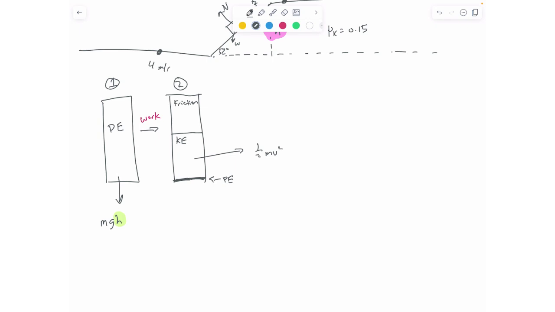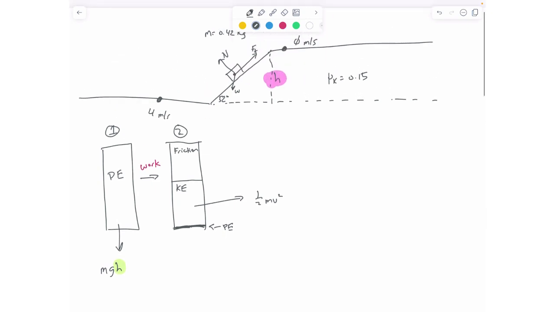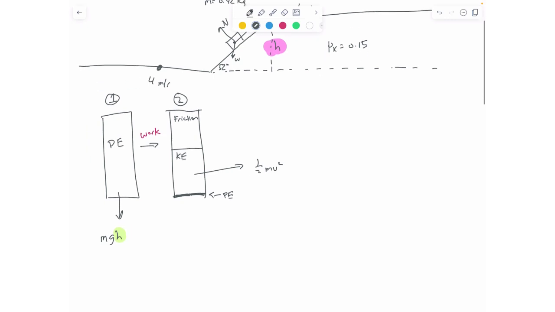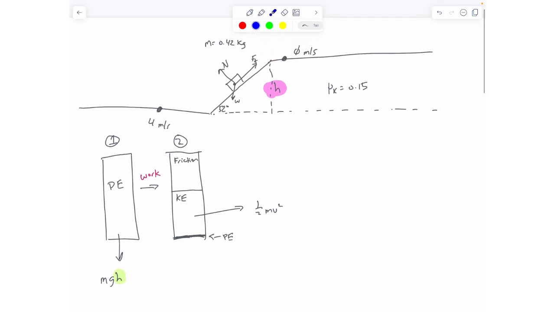Okay, and so if we do 1/2 times mass, which is 0.42 kilograms, times velocity squared, remember it's at 4. 4 squared, of course, is 16. 16 times your mass, 16 times 0.42 times a half.